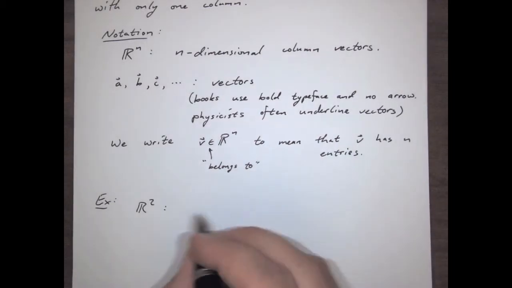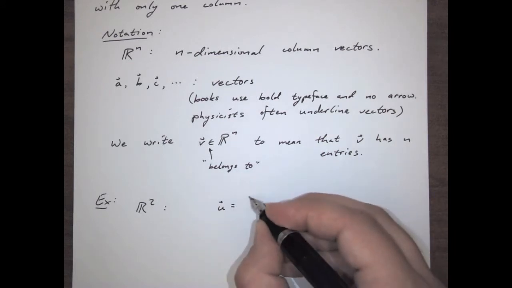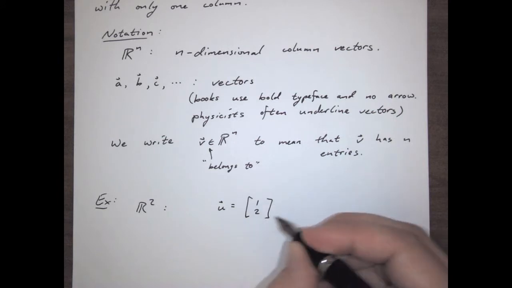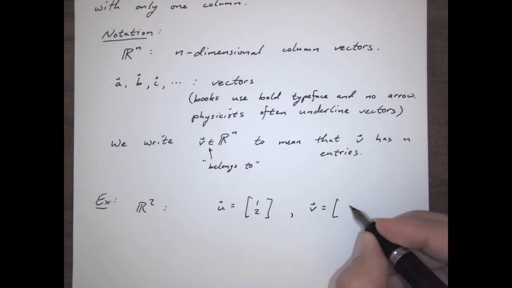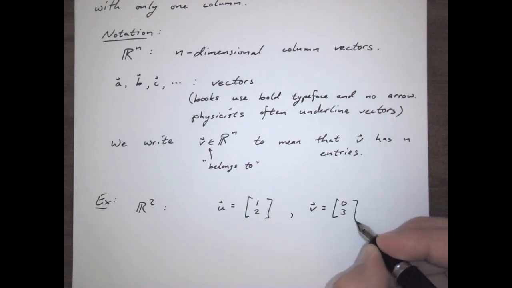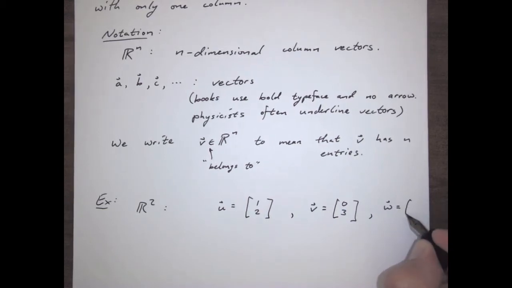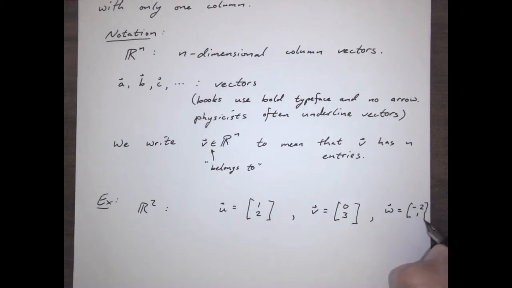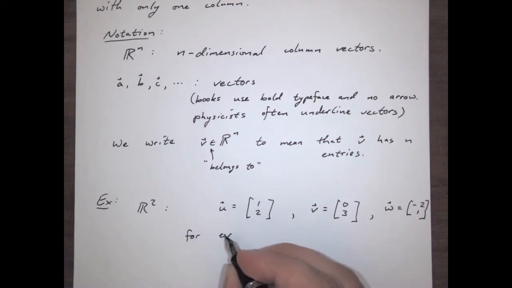So in R2, we can have things like U, which equals something like 1, 2. V could equal something like 0, 3. W could equal -2, 1, things like that. For example.